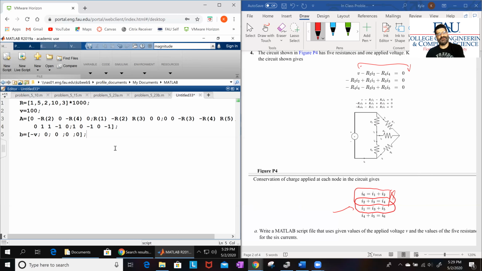Okay, so minus V, 0, 0, 0, 0. That would be B, and now we want to calculate the current. The current would be equal to the left division, B divided by A, left division. And let me save that.